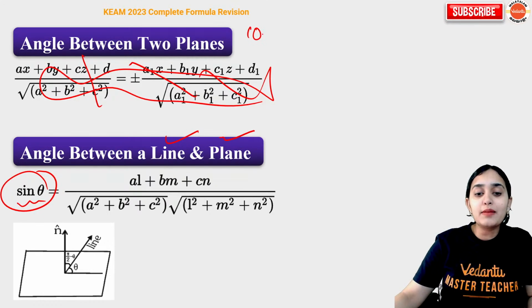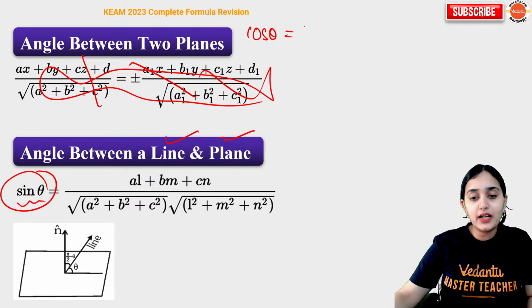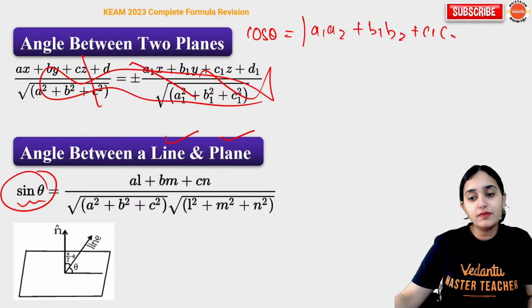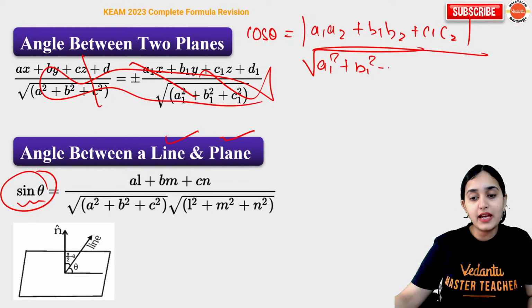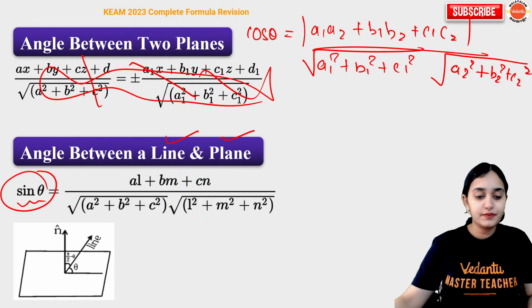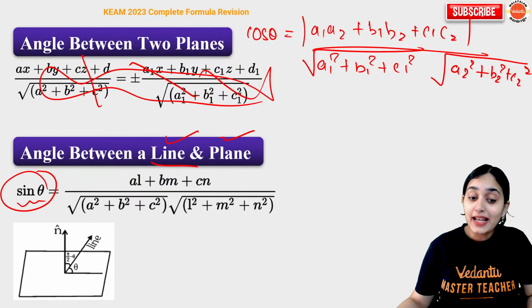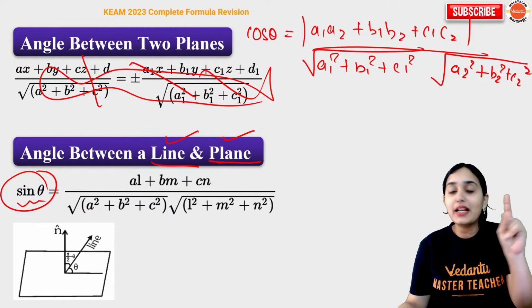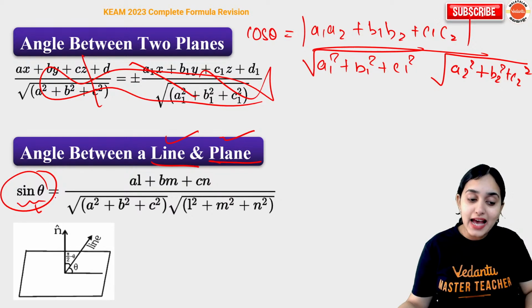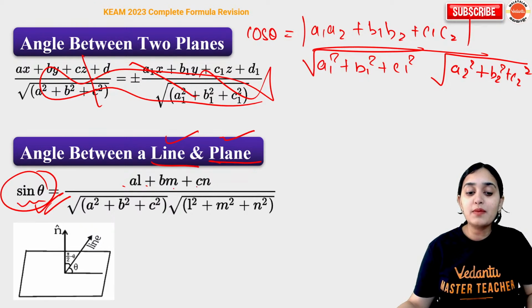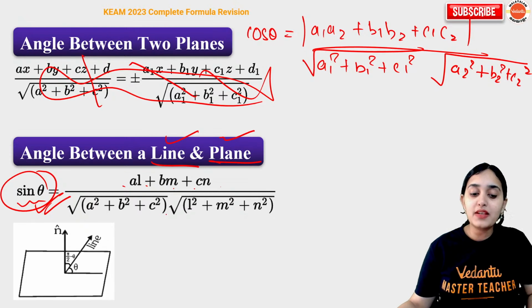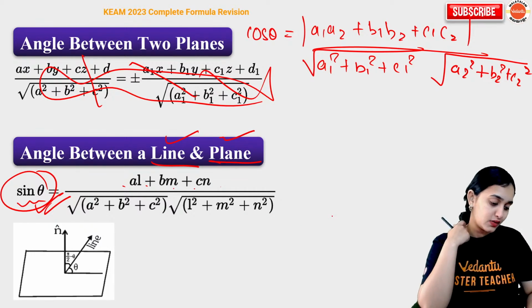Angle between two planes is simply cos theta equals (A1 A2 plus B1 B2 plus C1 C2) upon square root of (A1 square plus B1 square plus C1 square) into square root of (A2 square plus B2 square plus C2 square). Now, between a line and a plane, please remember it is not cos theta, it is sine theta: (A into L plus B into M plus C into N) upon square root of (A square plus B square plus C square) into square root of (L square plus M square plus N square).